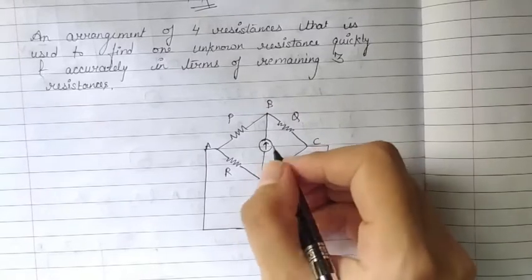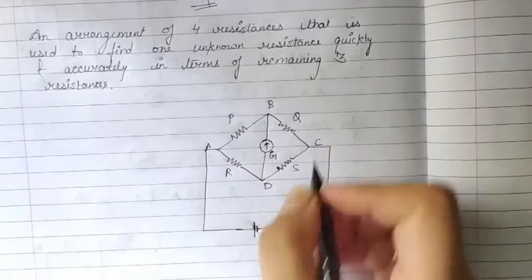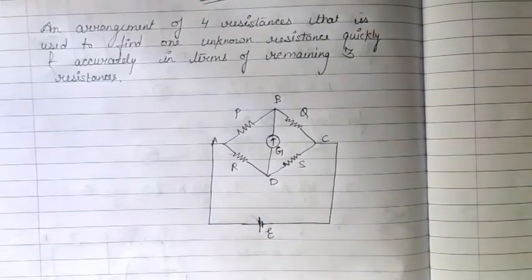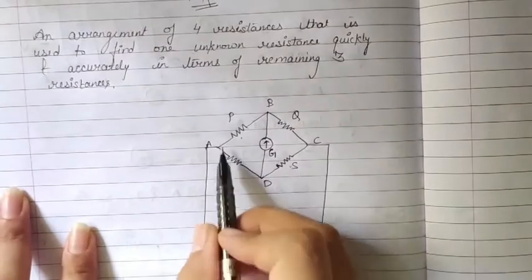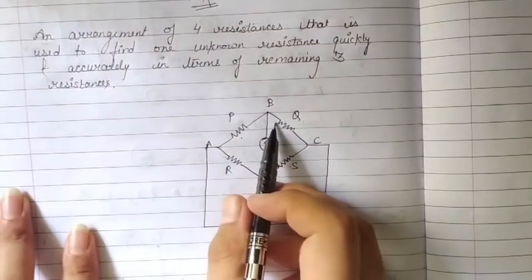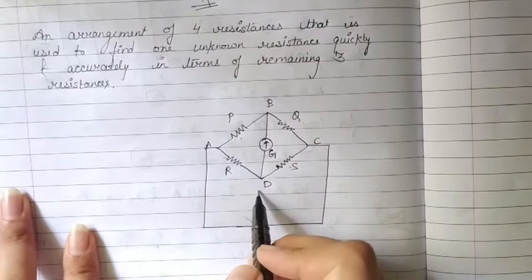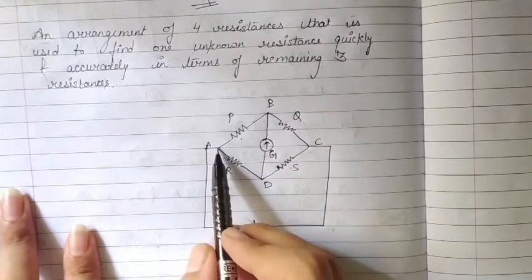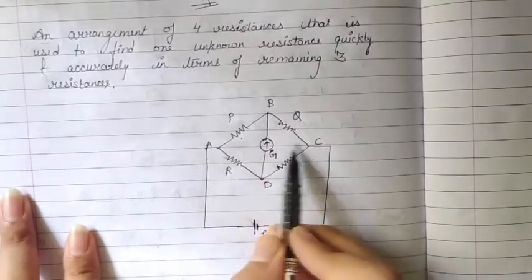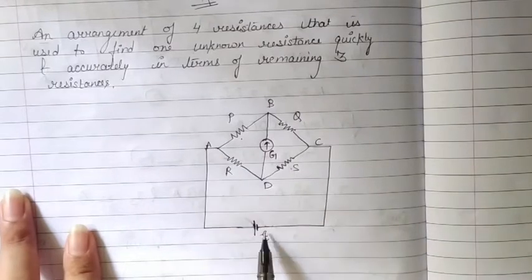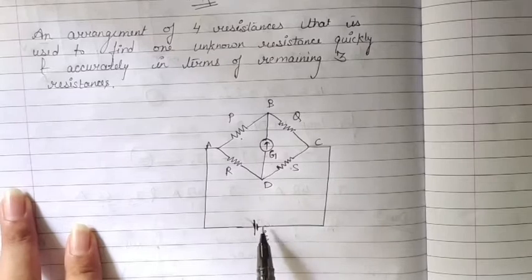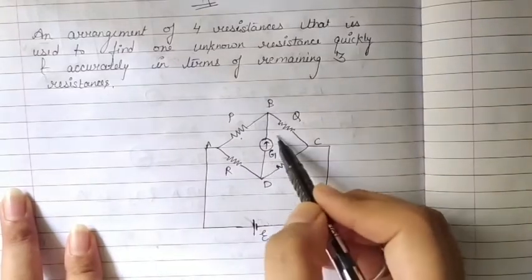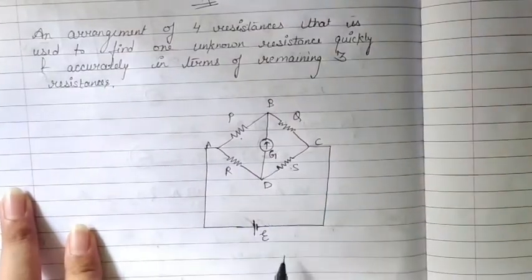I am going to denote it by capital G. So Wheatstone bridge consists of four resistances P, Q, R and S connected in the form of a quadrilateral A, B, C, D. Now the points A and C are connected with a cell or a battery of EMF epsilon, and between points B and D there is a sensitive galvanometer capital G.